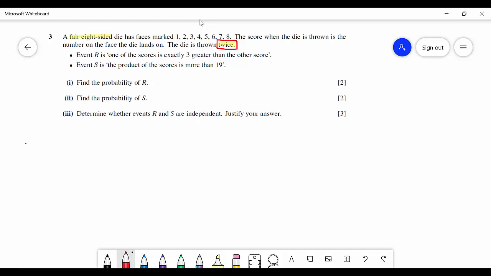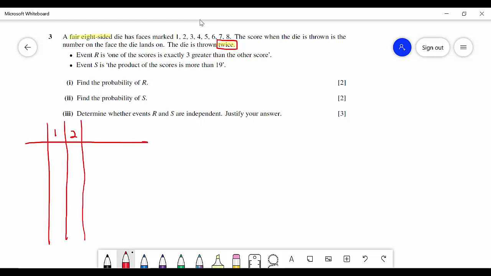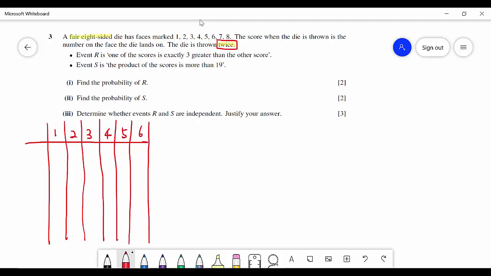To get the possibility space diagram, I need to draw a table with 1, 2, 3 and so on. This is for die number 1, the result when you throw the die for the first time. And when you throw the die for the second time, the result that you get is also from 1 until 8.